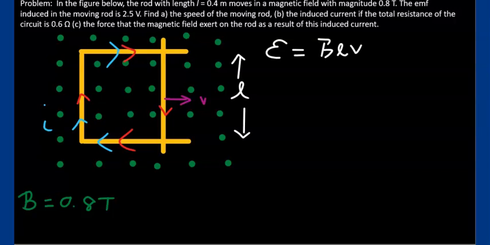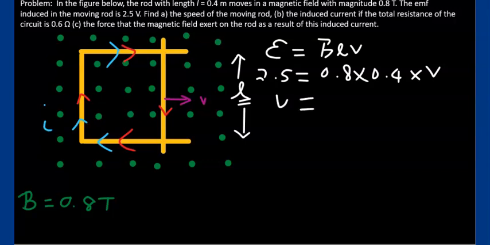Now we know the expression for the EMF, the magnitude of it, is BLv. If the magnitude of the EMF is 2.5 volts, the strength of the magnetic field is 0.8 Tesla, the length is given to be 0.4 meter, we can calculate the speed, and it will turn out to be 7.81 meters per second.